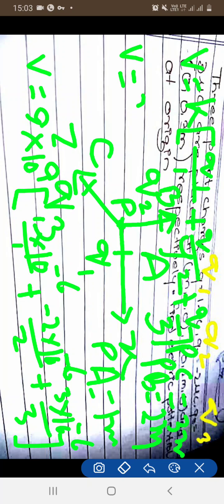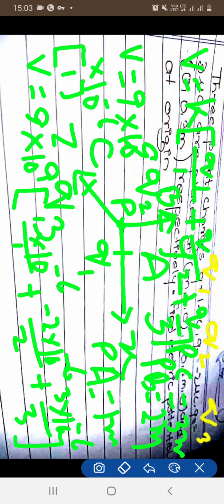So this value V we are getting here: V is equal to 9 into 10 to the power 9, multiply 10 to the power minus 6, in bracket 1 minus 1, 2 by 2 is 1, so 1 minus 1 cancel, plus 1. We have 10 to the power minus 6 already taken outside, so inside we get 1.